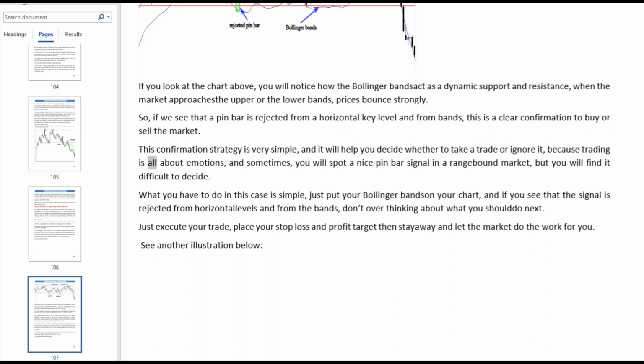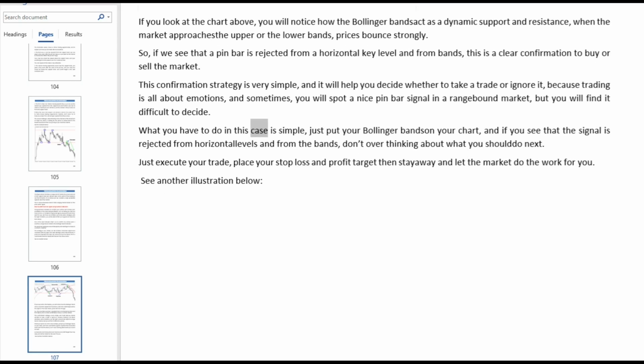because trading is all about emotions, and sometimes you will spot a nice pin bar signal in a range-bound market, but you will find it difficult to decide. What you have to do in this case is simple.